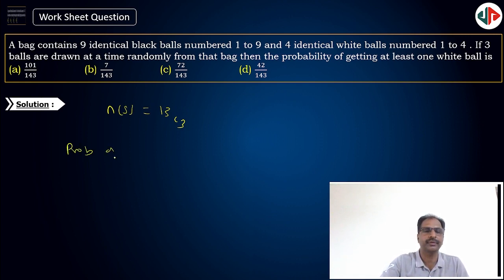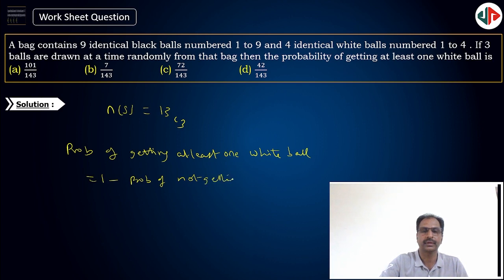See, the probability of getting at least one. Whenever the question is at least one, we do it like this by using the complement. This is nothing but 1 minus the probability of not getting, or the probability of getting 0 items.